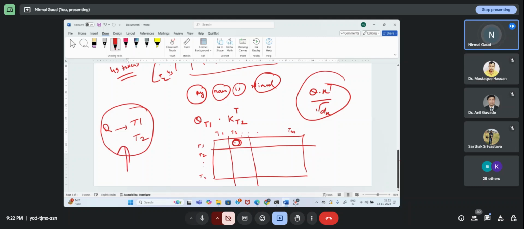Let's consider two tokens T1 and T2. If I am considering this as a query, this will be my key. So Q_t1 dot K_t2 transpose, divided by square root of dk. What is the dimension of key? 512.